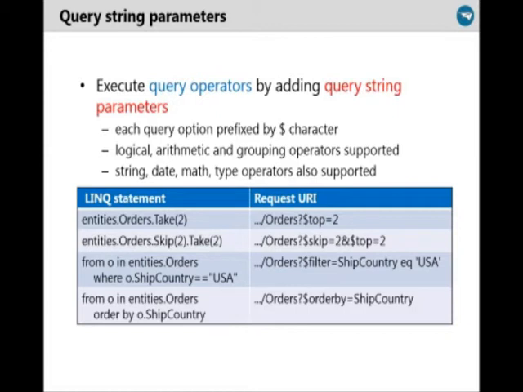And that URI is going to be sent to the service side. So there's not going to be any heavy data being passed back and forth here, right? It's just the query. And then that's the get, and the URI will be taken by the data service on the service side, and it will change it back into LINQ, execute that LINQ against the data model, and then take the resulting information and serialize it back to the client.